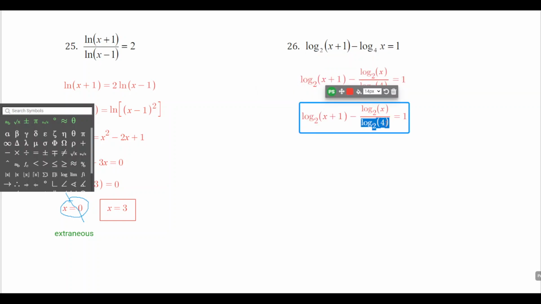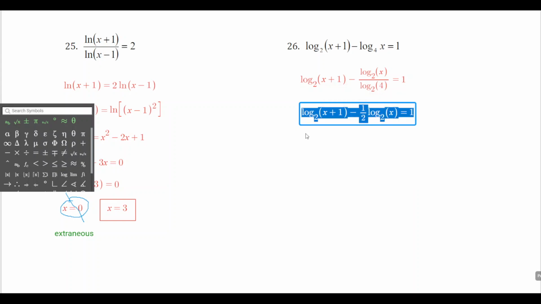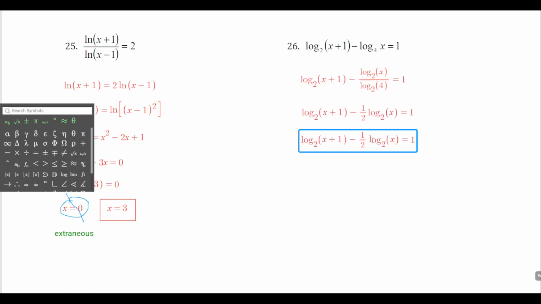And when I'm dividing by 2, I'm going to rewrite that as 1/2 times, so that I can get rid of this coefficient. So I'm going to rewrite this as log base 2 of x to the power of 1/2.